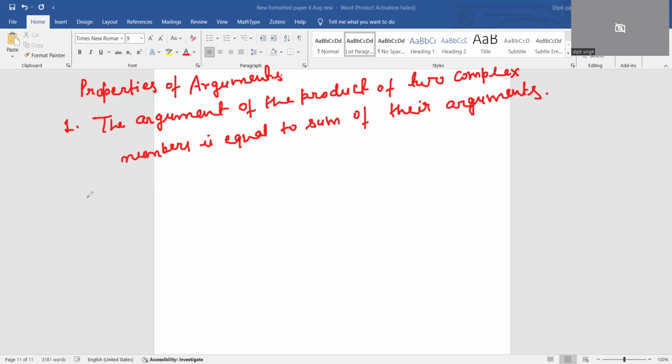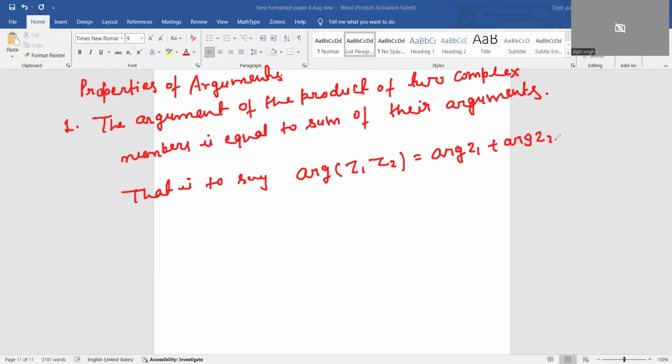That is to say, argument of Z1 into Z2 is equal to argument of Z1 plus argument of Z2.